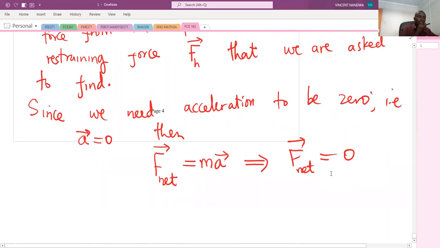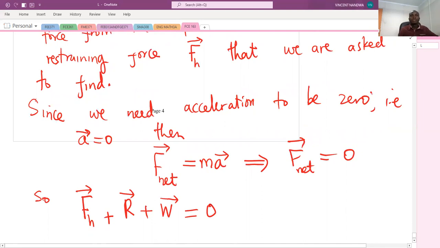And because we have identified that three forces are acting on the object, if we take this restraining force F plus the normal reaction R plus the weight of the racer, their sum should give us 0.